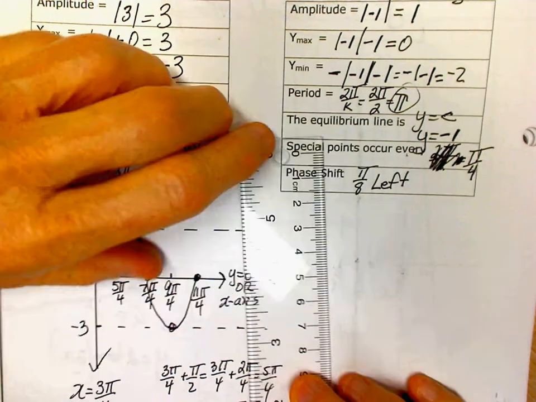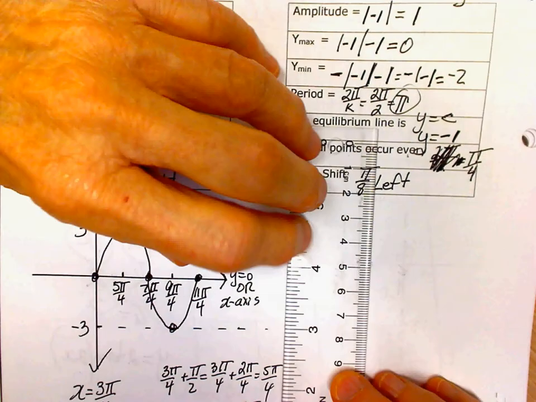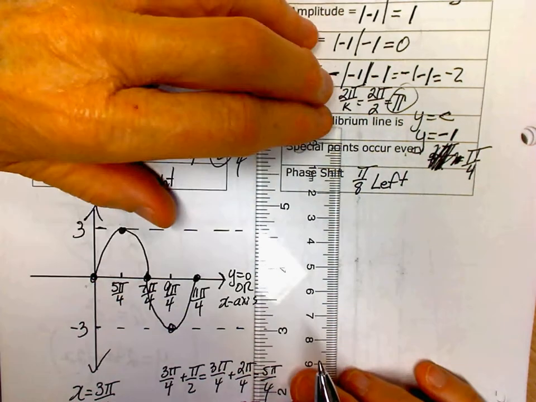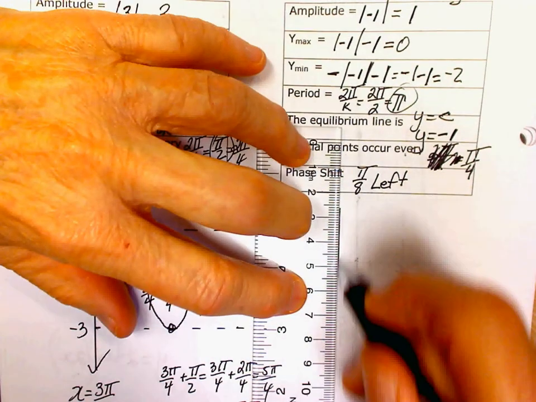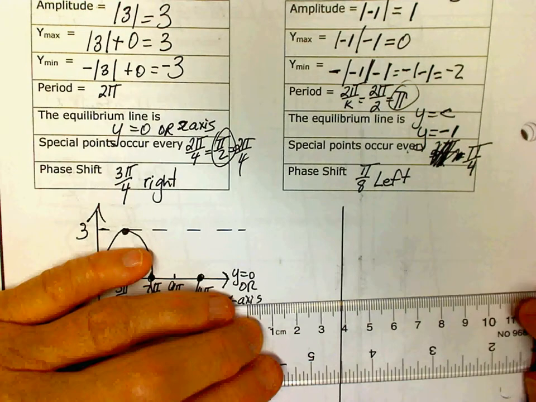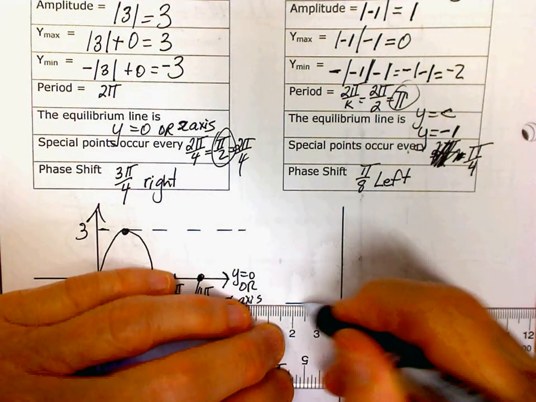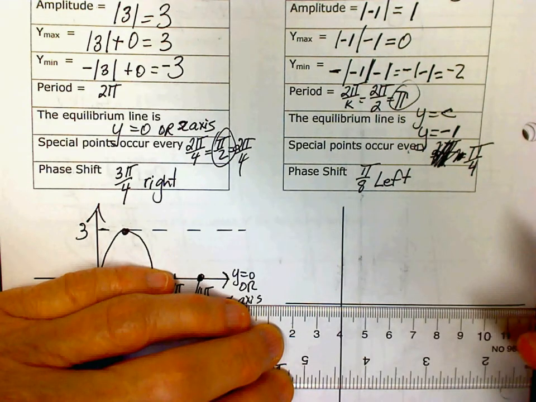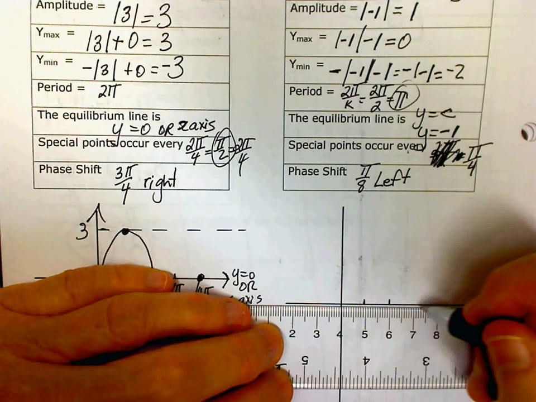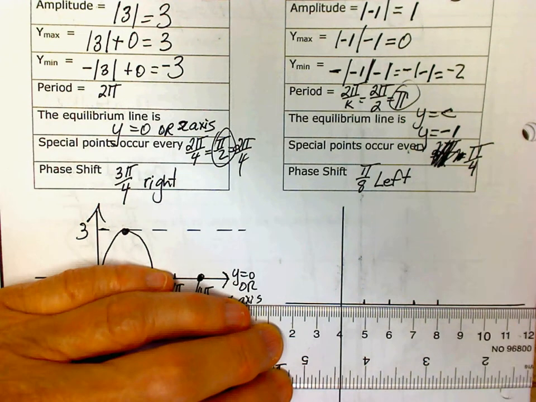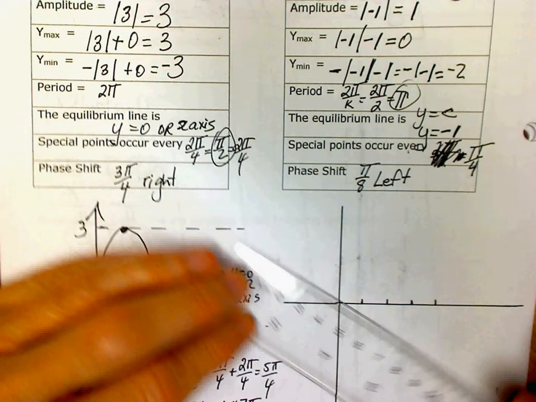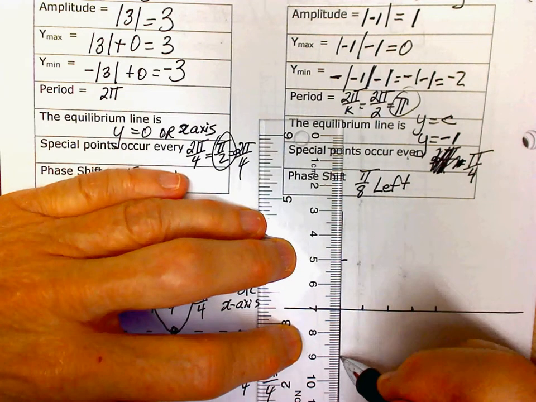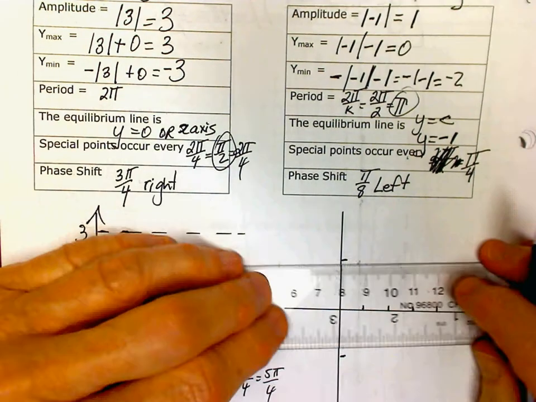Okay, let's draw it now as best as we can. Up to some max and down to some min. I'll draw a little grid line to help us draw it.